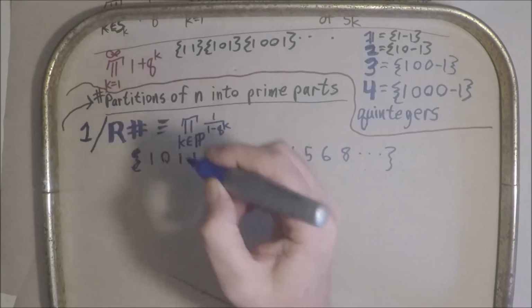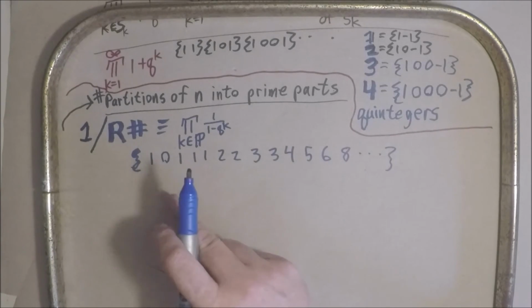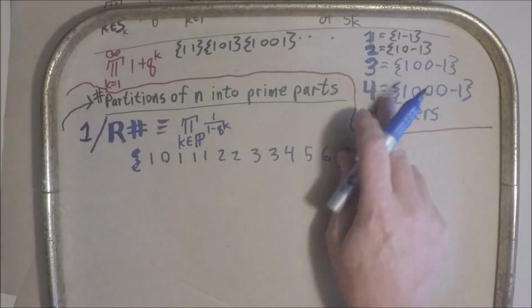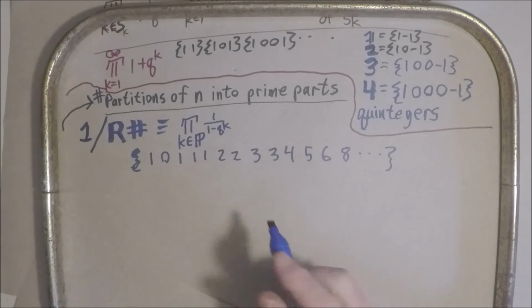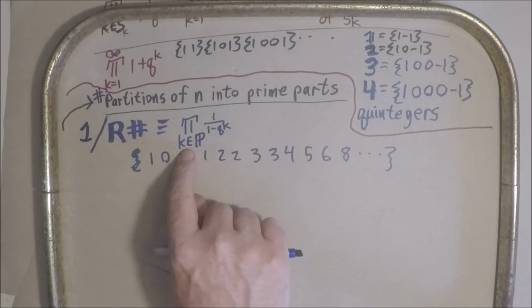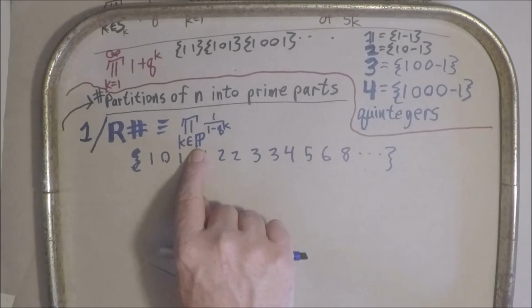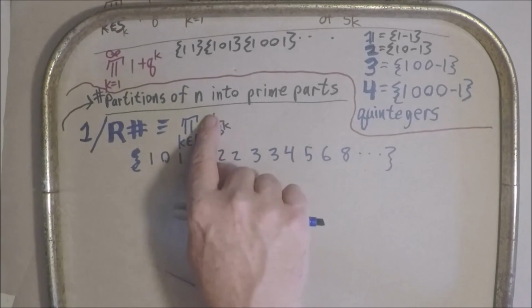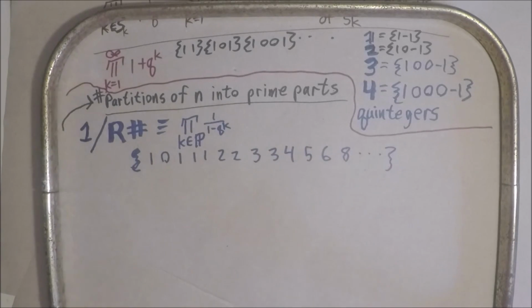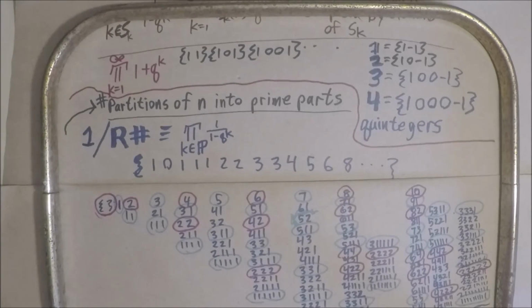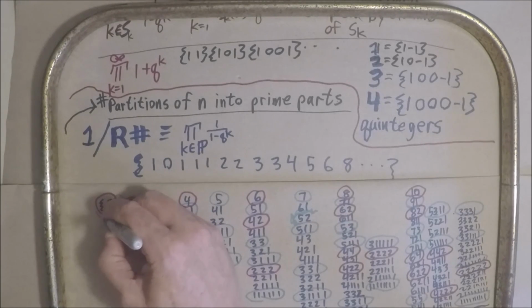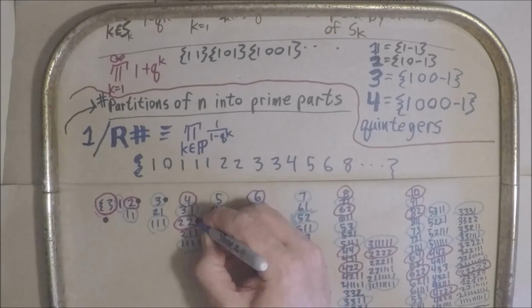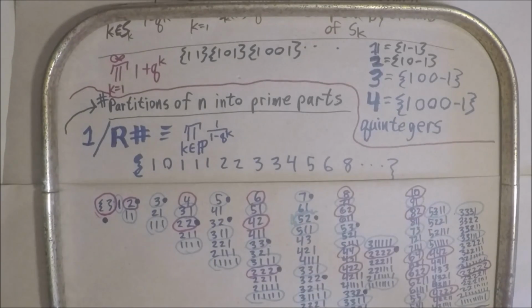1 over quinteger R primorial is itself a Q series. It's just a representation of that product, where K is restricted to being among the prime numbers, and that's what we get. So we should have 1 for the empty set, and etc. So we get that.